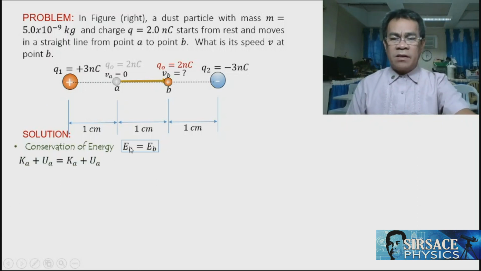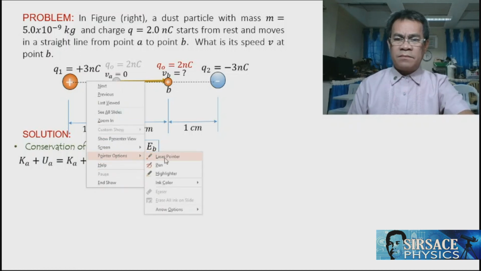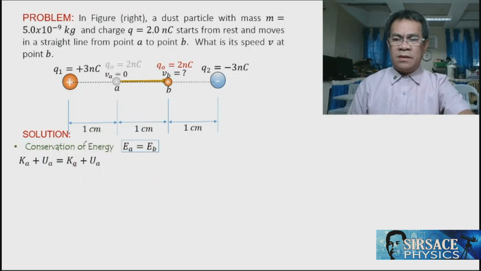So, expanding this, the energy at A is equivalent to the kinetic energy at A plus the potential energy at A, which is equivalent to the kinetic energy at B plus the potential energy at B. Sorry, change this to B again. This is a typographical error. This is KB and this is UB.